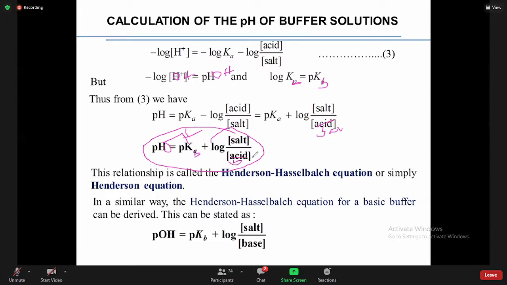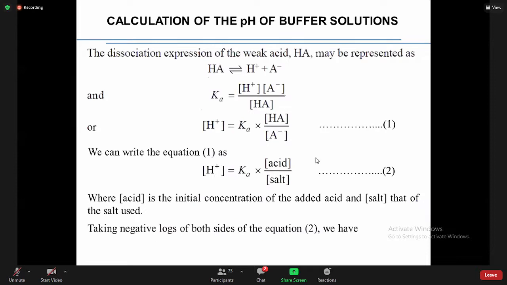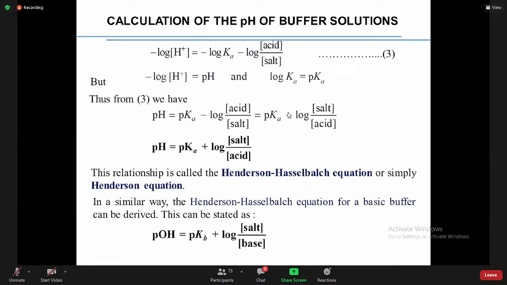So it will be the formation of pOH, with pKb and the base. You just have to transform this equation from the acidic part to the basic part. This is a very simple, common equation, and you have also studied it in HSC. I hope there will not be any problem studying this one.